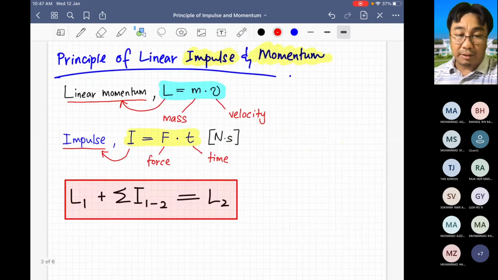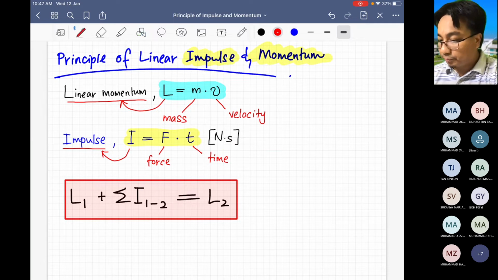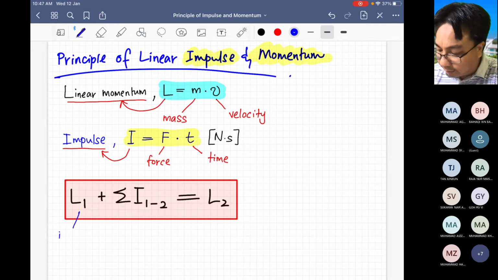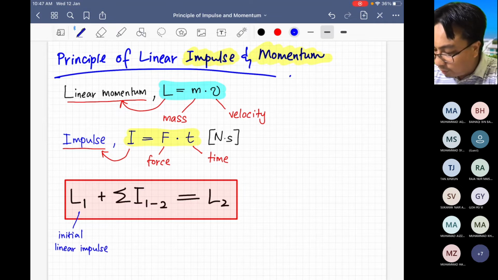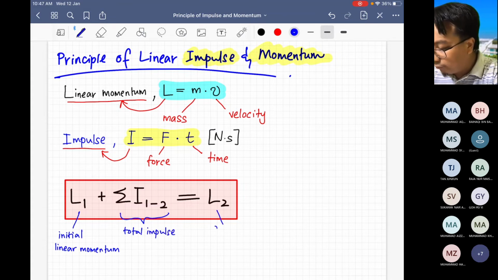Principle of linear impulse and momentum, L1 plus total I equals L2. So the definition is, this is the initial linear momentum, I'm sorry, linear momentum, plus total impulse, and this will be equal to the final linear momentum.